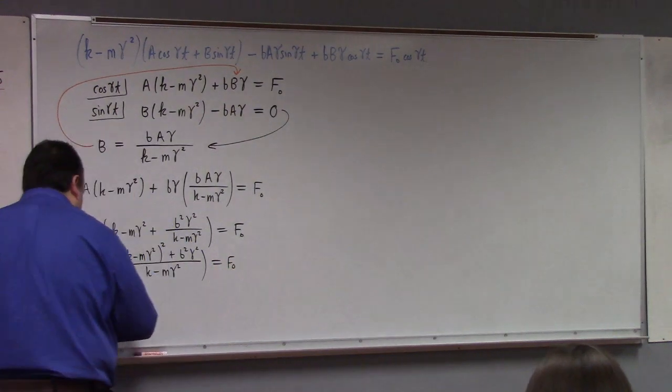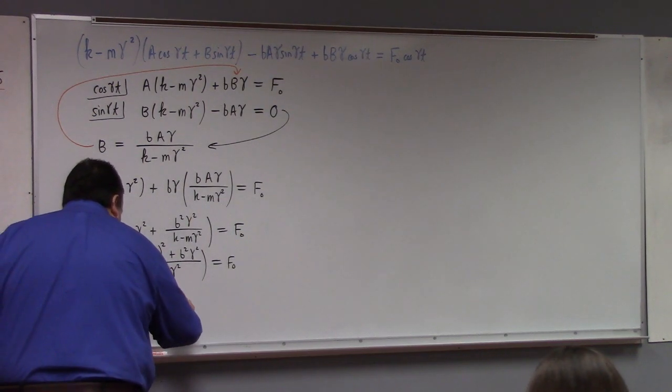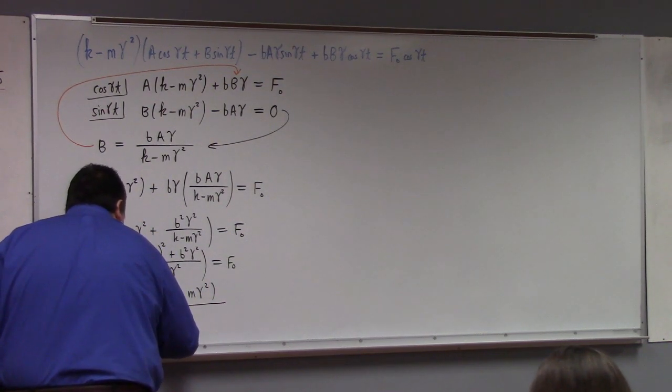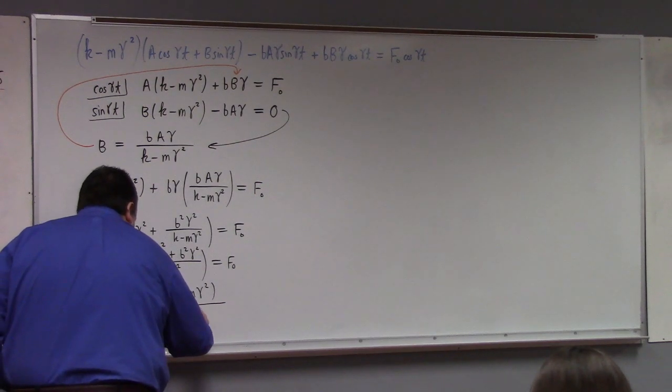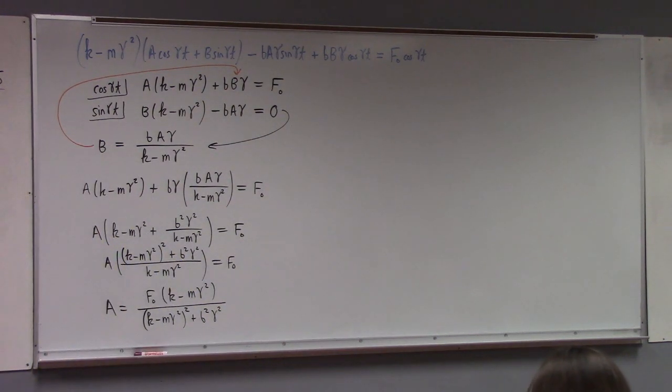So apparently, A is equal to f naught times (k minus m gamma squared) divided by (k minus m gamma squared) squared plus b squared gamma squared. This is the time I check my notes. Yep.